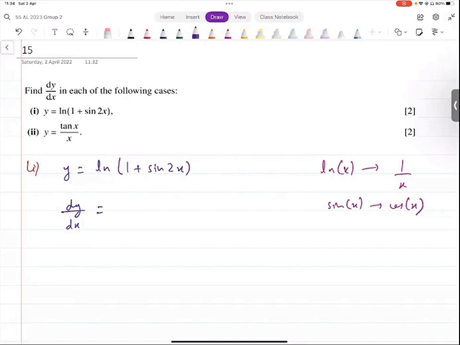तो पहले log का रूल अप्लाई होगा. 1 over 1 plus sine 2x. तो x की जगह पे जो भी लिखा हुआ है वो पूरा का पूरा नीचे डिनोमिनेटर में चला गया. ओके? But then what you have to do is you've got to multiply by the derivative of this thing. इसके derivative से multiply करेंगे.